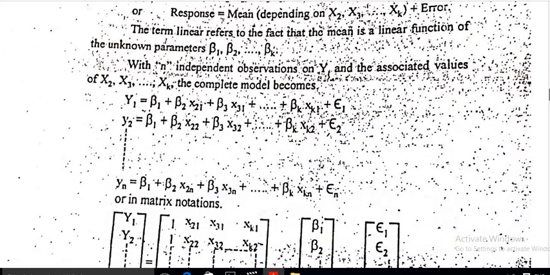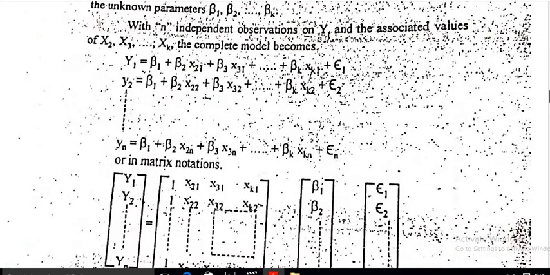We can estimate these equations by using matrices. We can write the above equations in the matrix form y1, y2, y3 up to yn, and the matrix with rows 1, x21, x31 and so on xk1; 1, x22, x32, xk2; and so on up to 1, x2n, x3n and so on xnk, times beta 1, beta 2, beta 3 up to beta k, plus epsilon 1, epsilon 2, epsilon 3.